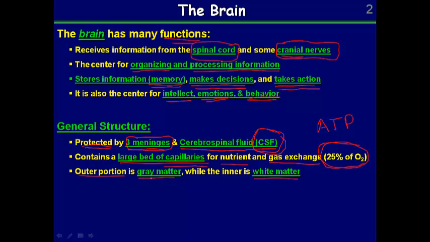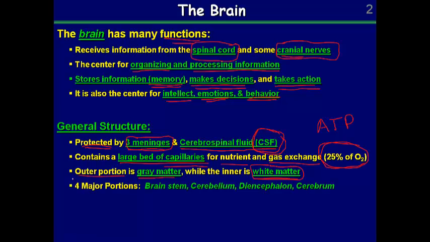The gray matter of the brain is going to be interpreting and analyzing information, whereas white matter is going to be transmitting action potentials into the brain, between different parts of the brain, and out of the brain, just like the white matter of the spinal cord is transmitting up and down the spinal cord.